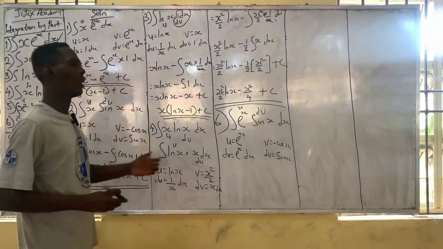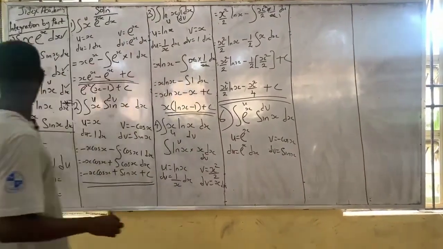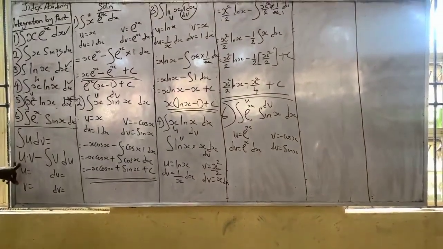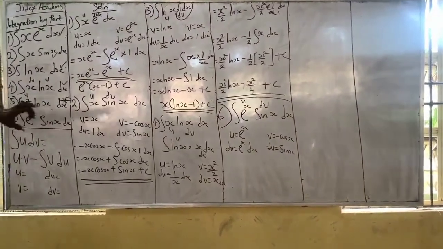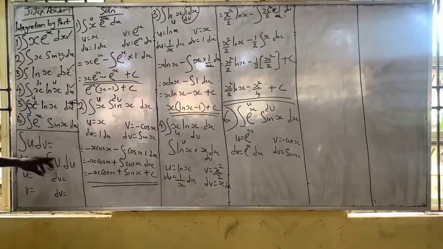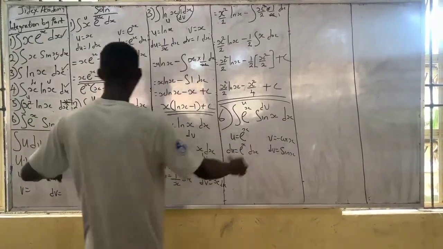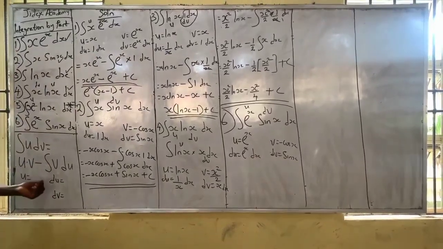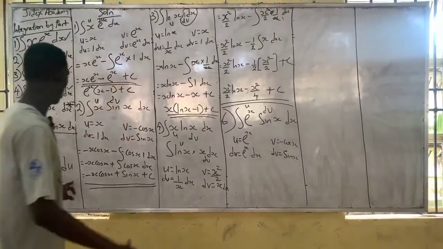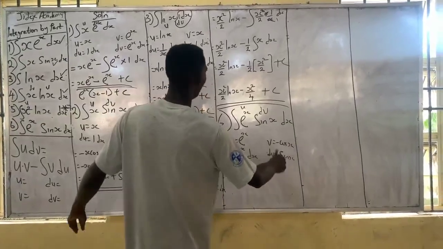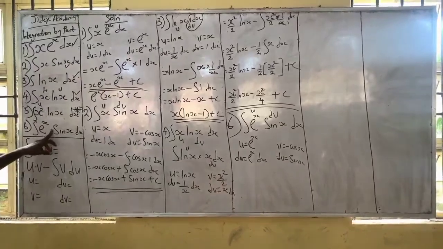Now, let me ask you a question. If we slot in each of these, we have u times v, that's minus e to the power of x cos x, then we have to find the antiderivative of this, which will give us sine, and after adding and multiplying our e to the power of x, it will eventually return us back to this.